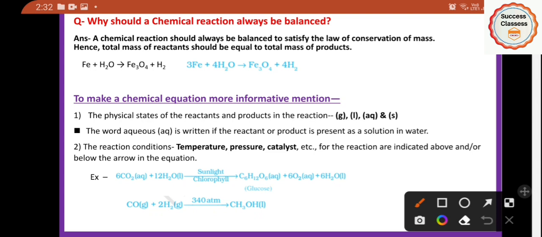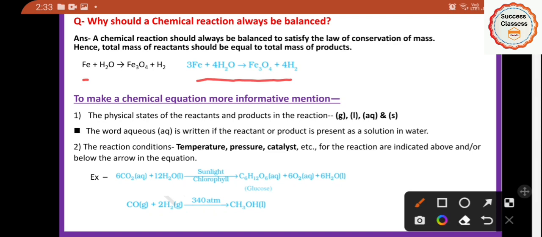It is not a balanced equation. Fe3O4 contains 3 atoms of Fe, but here Fe contains 1 atom. So the balanced equation for this is 3Fe plus 4H2O will give Fe3O4 plus 4H2. Balancing the chemical equation we will study in the next video.